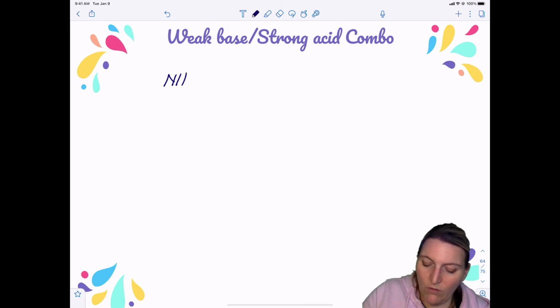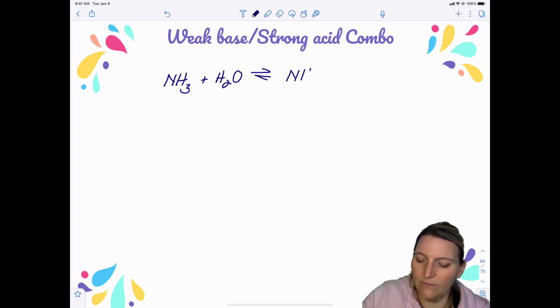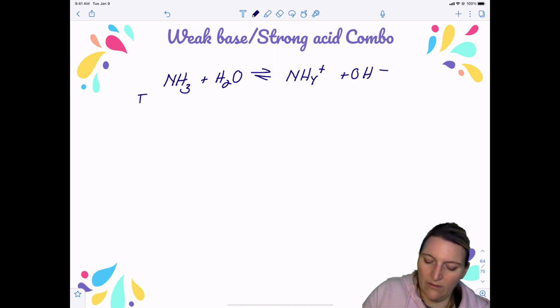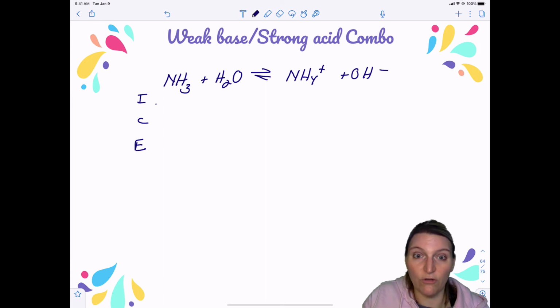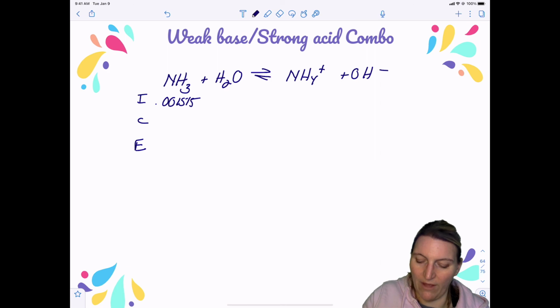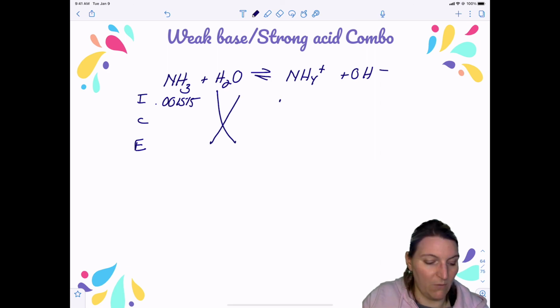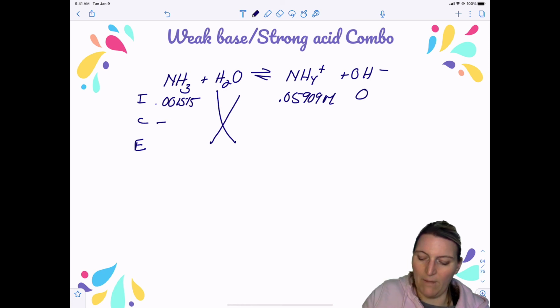The ammonia is acting as a weak base. We figured out that the initial concentration of the ammonia was 0.001515, and the ammonium is 0.05909, minus X, plus X, plus X.